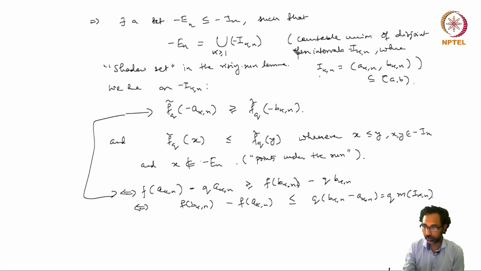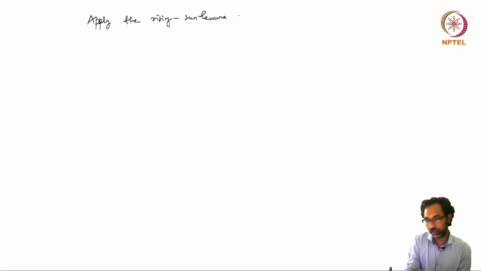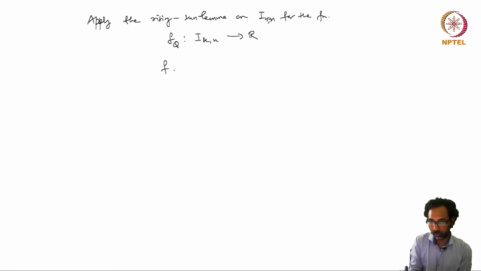and now we will again apply the Rising Sun Lemma, this time on the set I_kn. Now apply the Rising Sun Lemma on I_kn for the function f_Q defined on I_kn to R, defined by f_Q of x is f of x minus capital Q x.